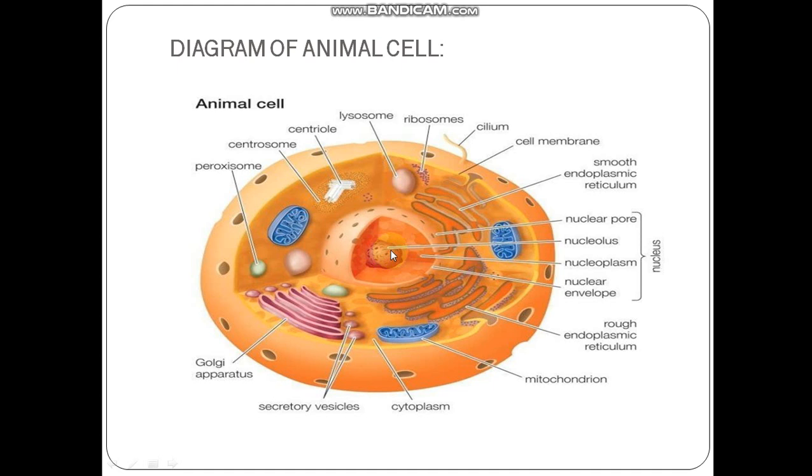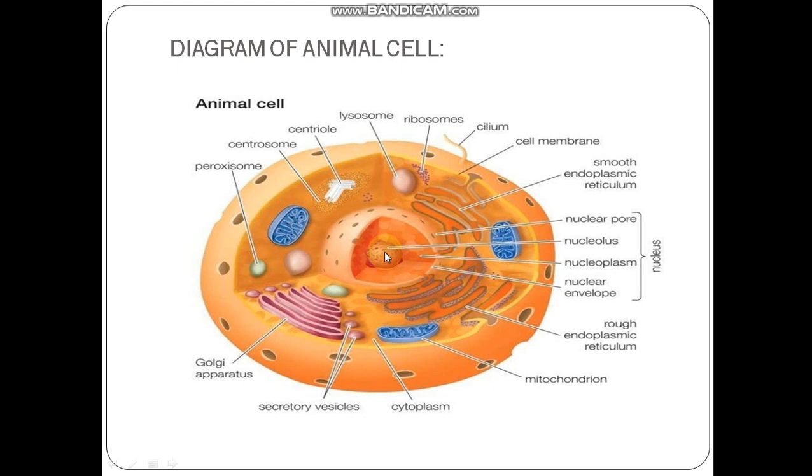What is the shape of the nucleus? You are looking at the picture. It is round or spherical in shape. In the plant cell, the nucleus is found at the corner, not at the center, but in the animal cell at the center.